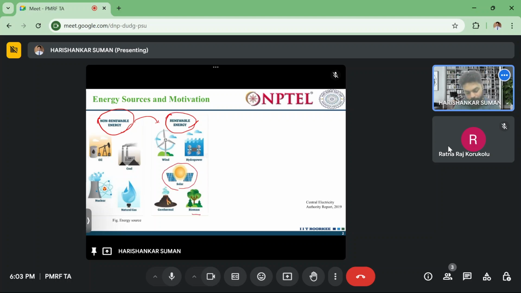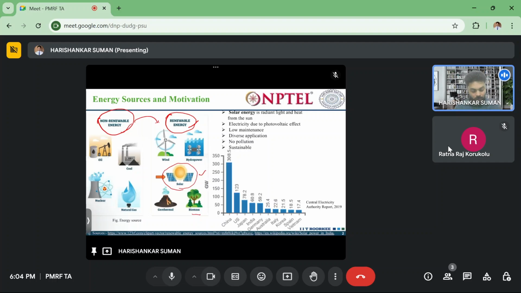But solar can easily exist everywhere, wherever there is sunlight. Sunlight is abundant on Earth, so we can easily use it with the help of solar photovoltaics.